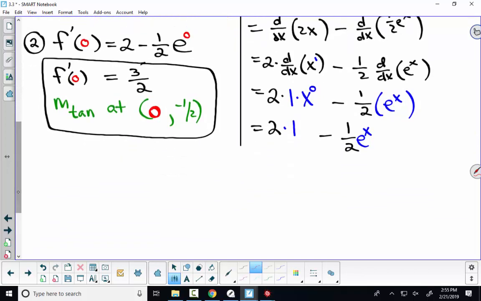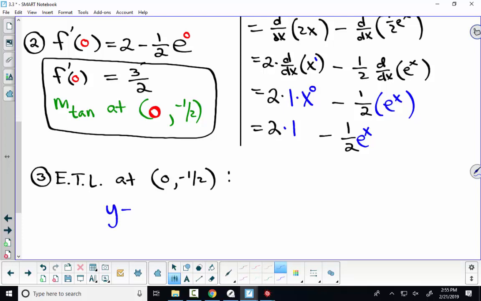So now we can write the equation of the tangent line because we have the slope of the tangent line. Equation of the tangent line at the point 0, negative 1/2.